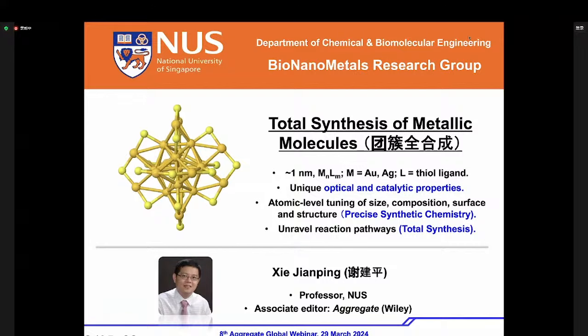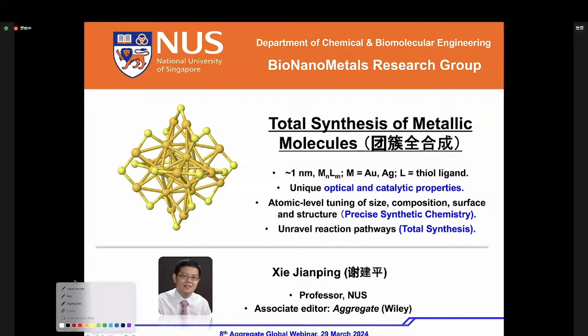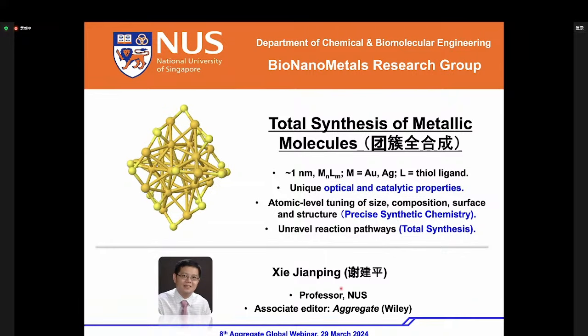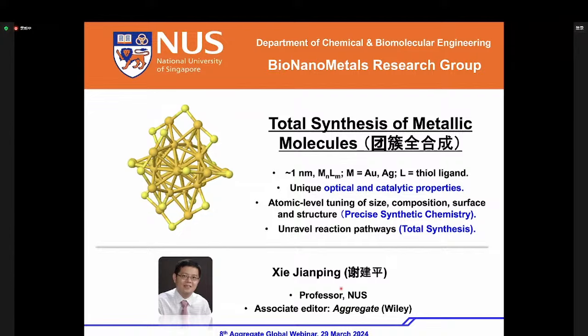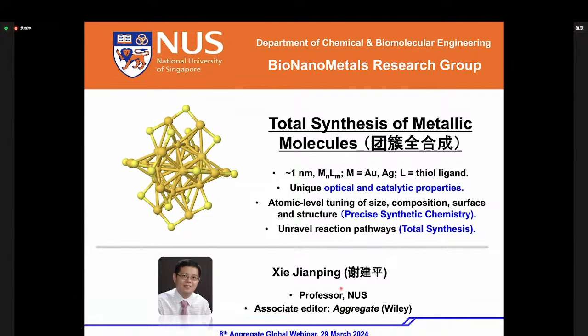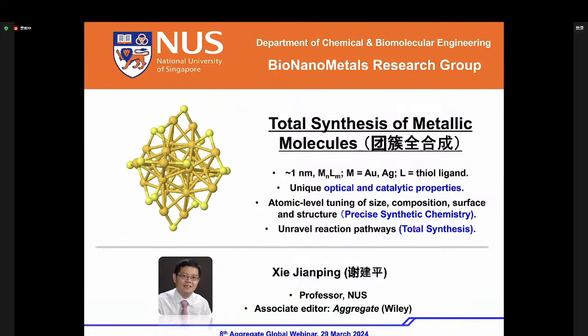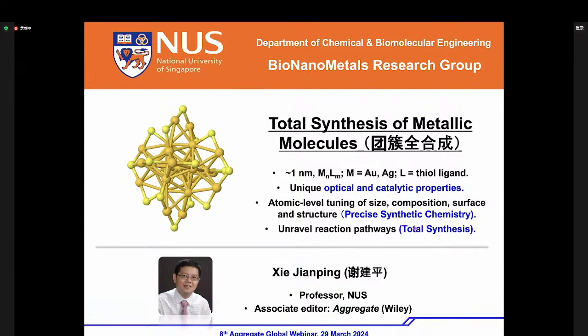Yes. Okay. So I'm very excited to be here, especially as I'm the associate editor of Aggregate. Today I will discuss our molecules. We call them metallic molecules. My discussion is a little bit different from the other speakers, who were focusing on bioimaging applications.